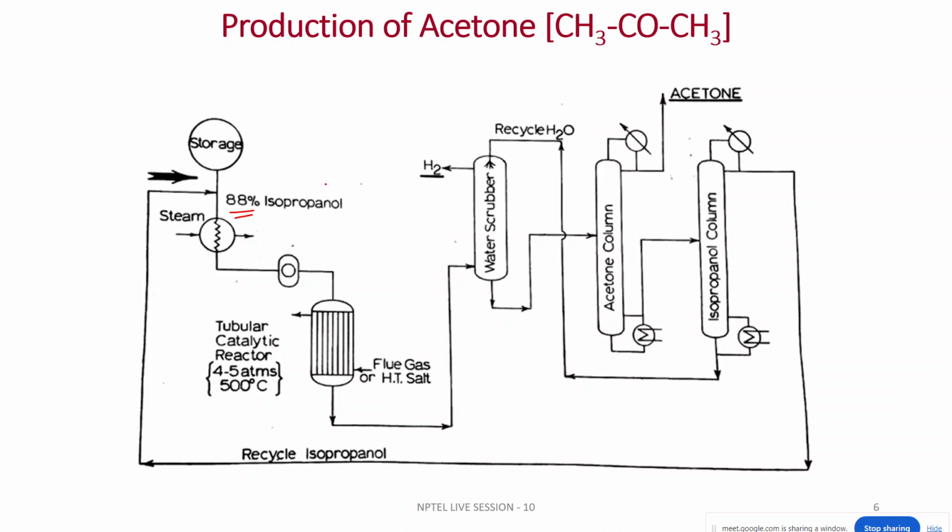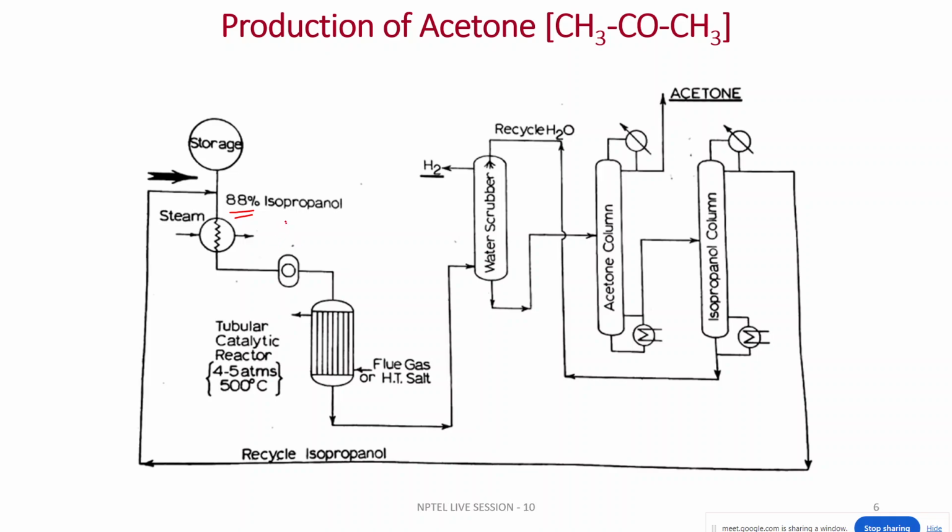So the isopropanol that we got as a top product before introducing to the azeotropic distillation column is directly taken for further processing for the production of acetone. So it is heated up by steam and then it is fed to the tubular catalytic reactor.